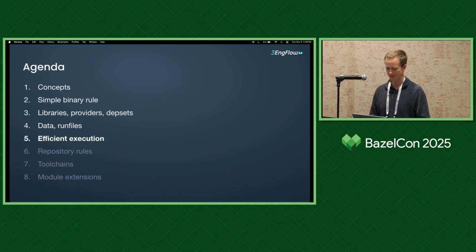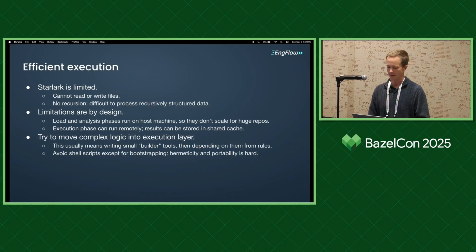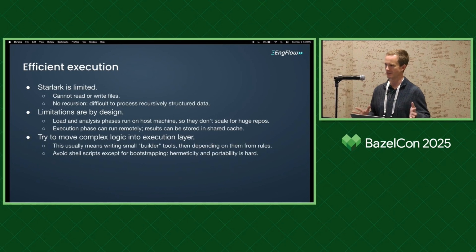All right, let us talk about efficient execution. So far, I've been using shell scripts in this course, and I've also been depending on the stuff that is installed on the system. We're at least going to solve the first part of this, and take a step towards solving the second part.